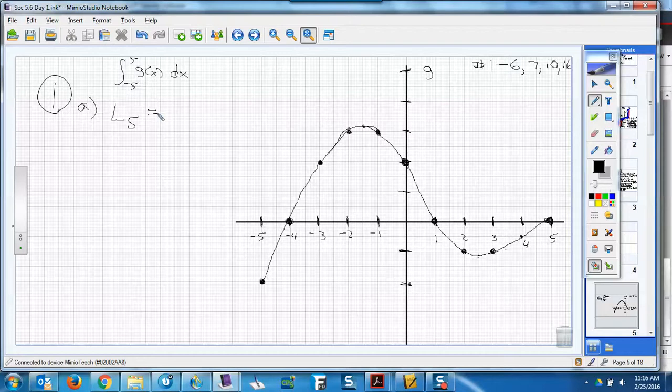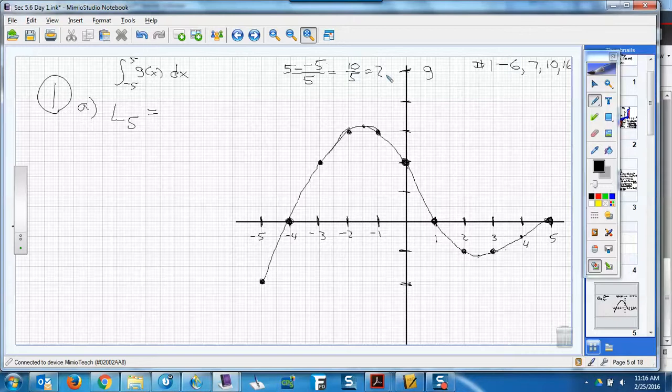Okay? So what's the first thing I need to do? Size the intervals. How wide are the intervals? 2 wide, because 5 minus -5 divided by 5 is 10 divided by 5, which is 2. Now, obviously, you don't have to write all that out, I don't care.